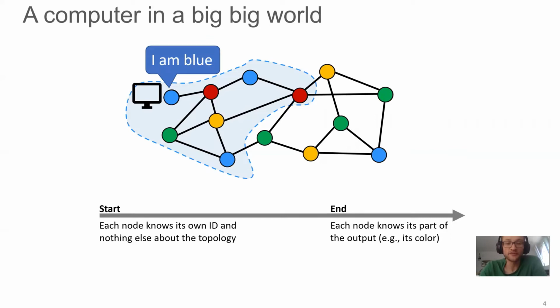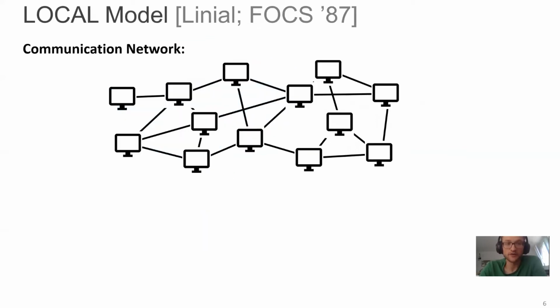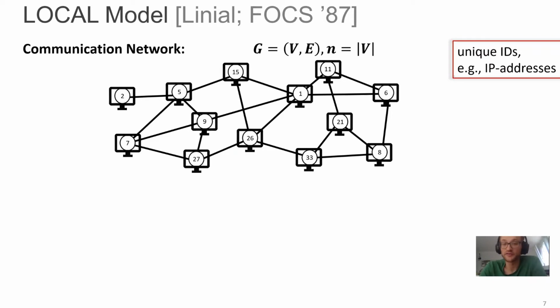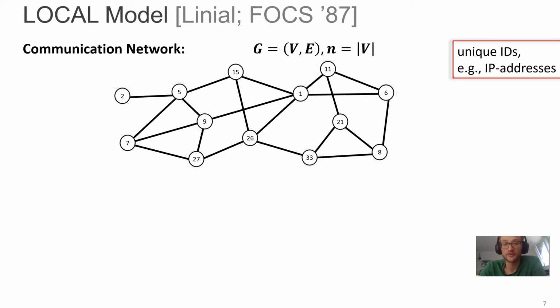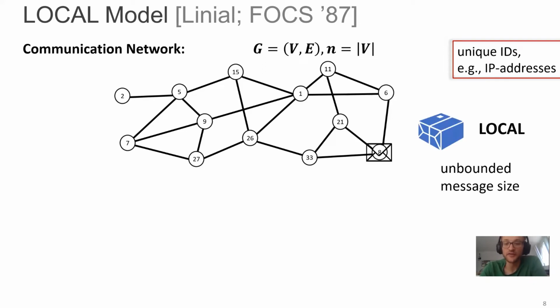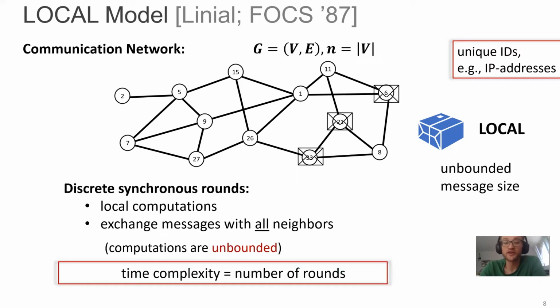And this setting is studied in the classic model called the LOCAL model, which was introduced by Linial in the 80s. So here you take such a communication network, abstract it as a graph on n nodes, and you give every node a unique ID. Then the vertices can communicate through the edges of the graph. And this communication happens in discrete synchronous rounds.